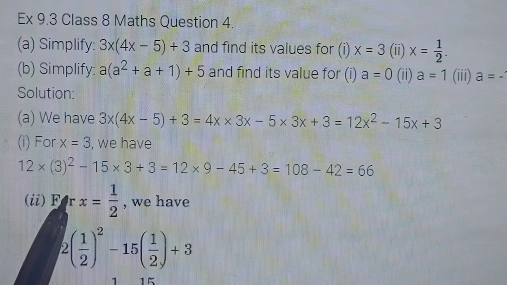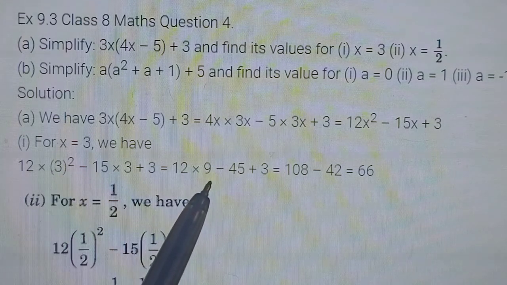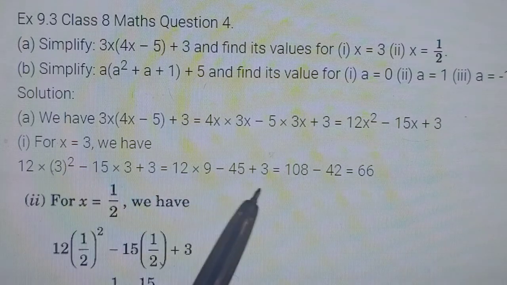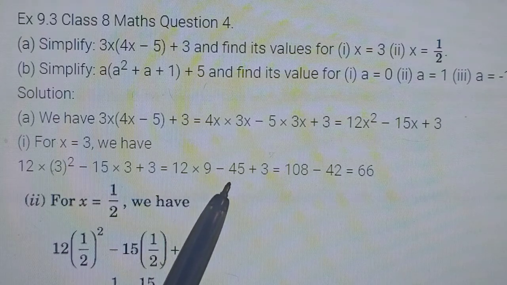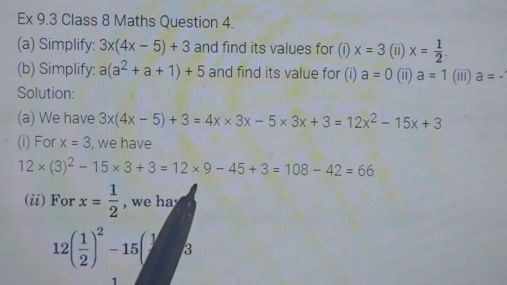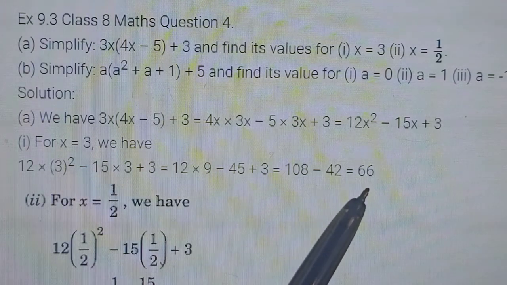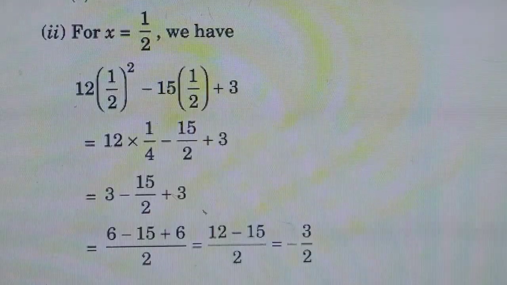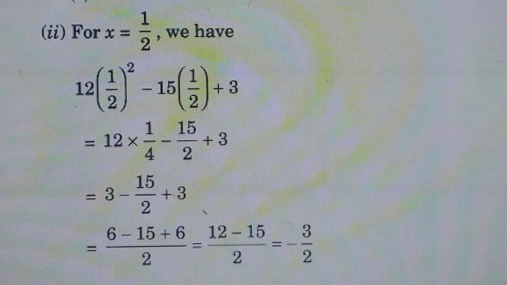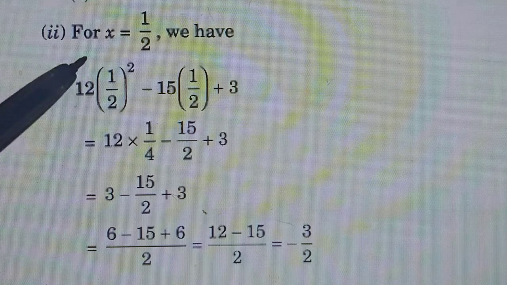Okay, so just rest is calculation. 3 square is 9, and so 12 nines are 108, and 15 threes are 45. Then you put your plus and plus together, 108 and 3, that is 111 minus 45, that comes out to be 66.